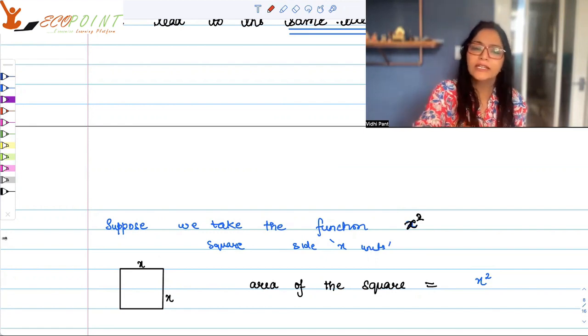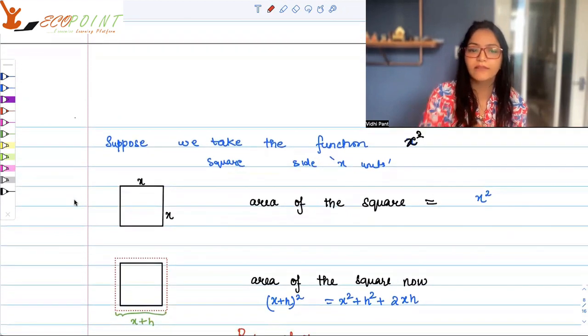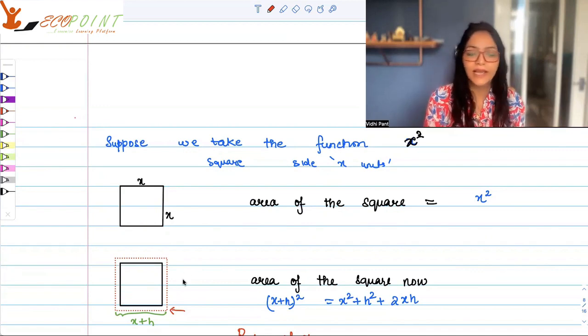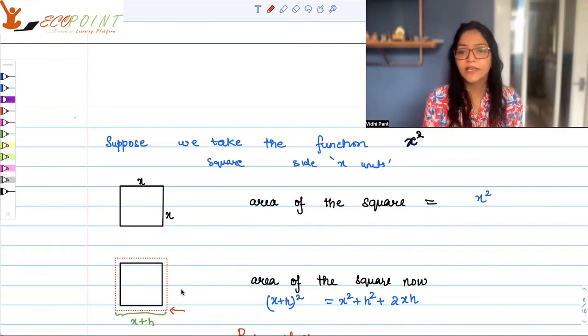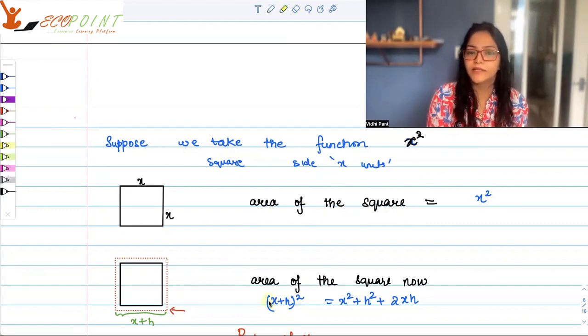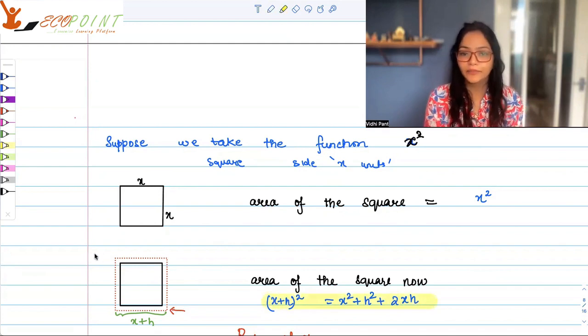We will just increase this side by h unit, and that will provide me a new square, which you can see in dotted red line. And the sides of this square is x plus h. Now area would now turn into x plus h square. So you can open the whole square. I've already done that for you. x square plus h square plus 2xh.